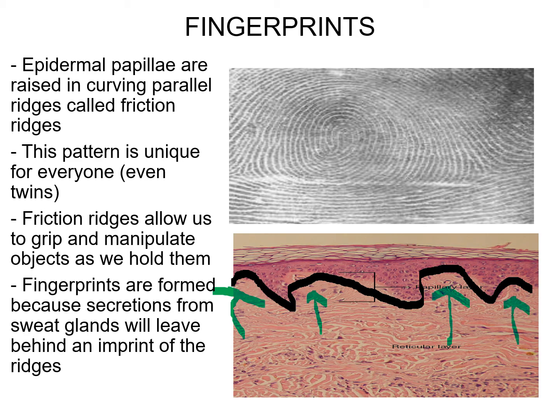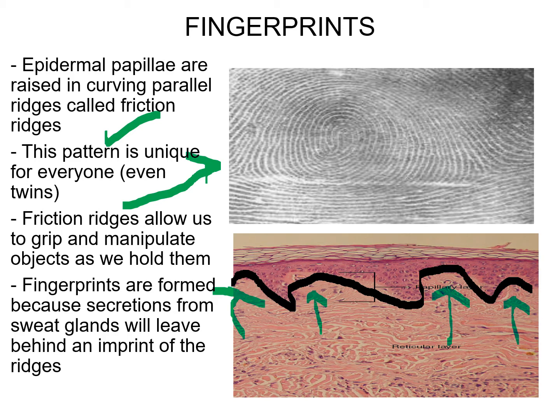And that constant curving of the papillae is what causes these ridges or these lines everywhere called friction ridges. And this is what's responsible for your fingerprints. As you can see, everybody has a unique fingerprint because there's just thousands and thousands of these tiny lines and they're all oriented a little differently. So these ridges allow us to grip things and manipulate them within our hands.